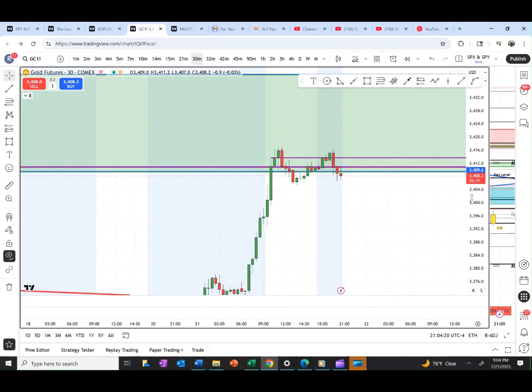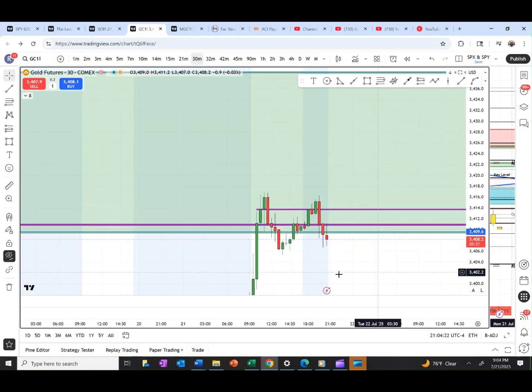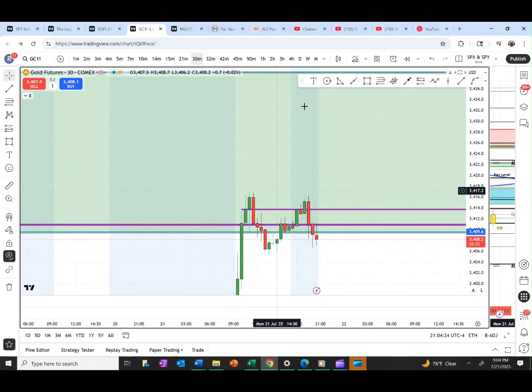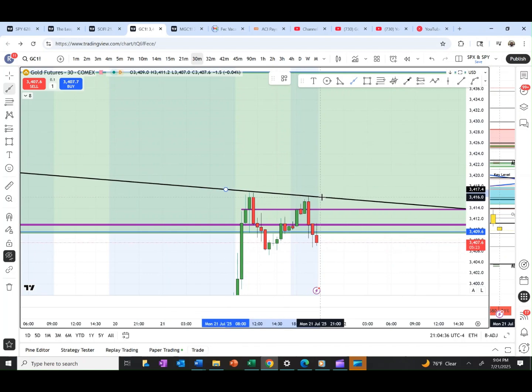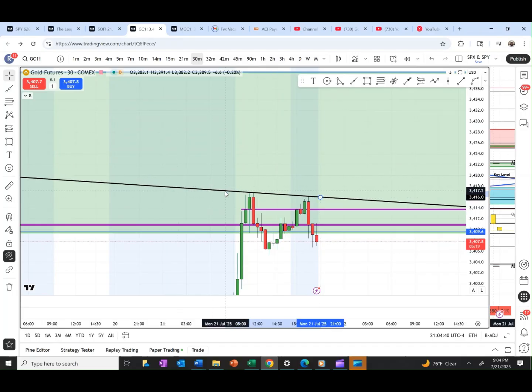And let's see here. So we got a lower high here, right? So we got two reference points here. So we can create, let's do a trend line here. It's a little more subtle, right?